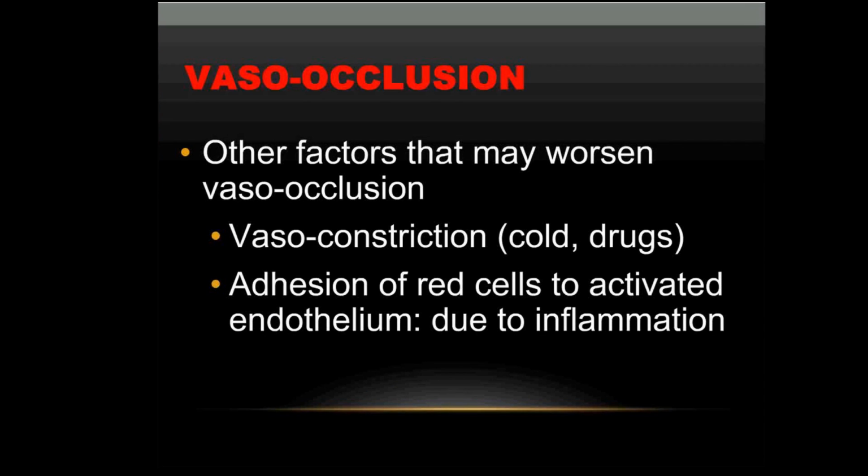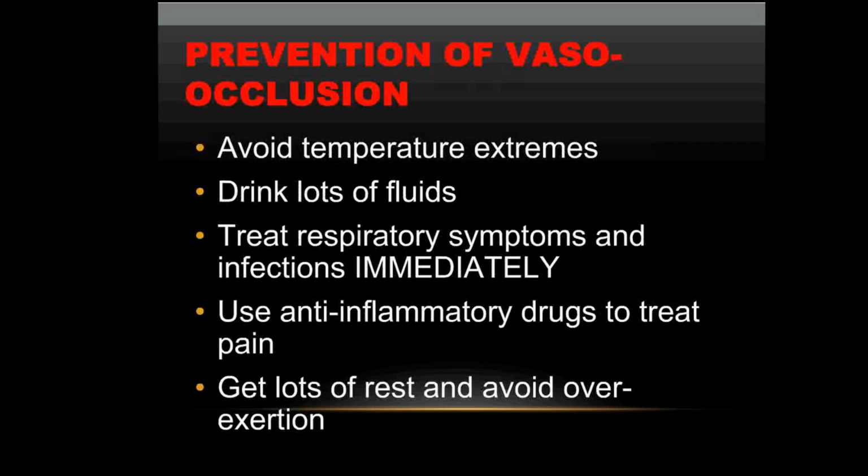Some of the things that cause vaso-occlusion are factors that promote sickle hemoglobin polymerization, and those are high temperature, intracellular dehydration, an increased concentration of the hemoglobin S, and hypoxia. And other things that can worsen vaso-occlusion are vasoconstriction, such as if it's really cold or particular drugs, and adhesion of red cells to activated endothelium.